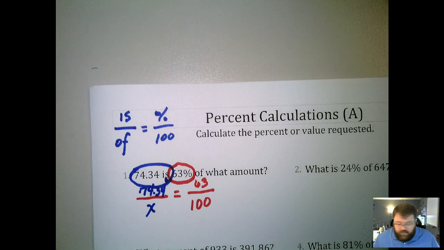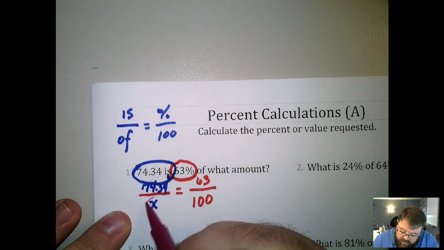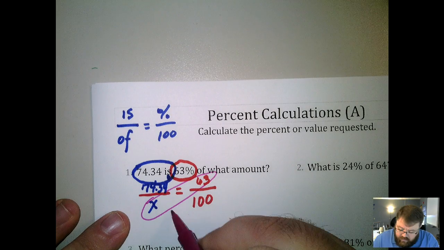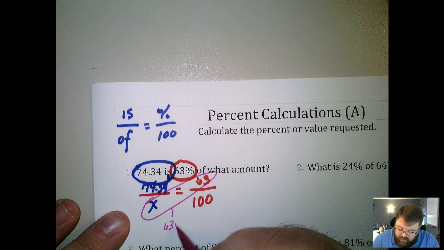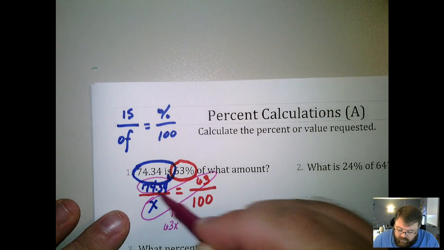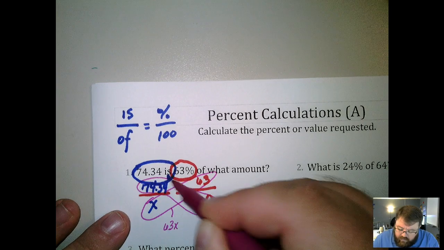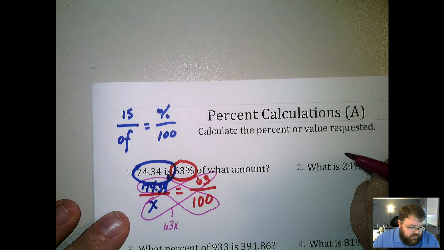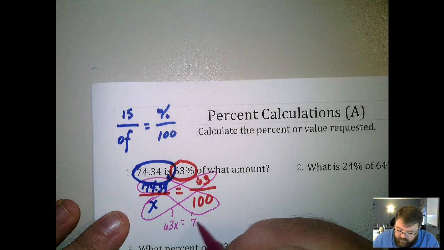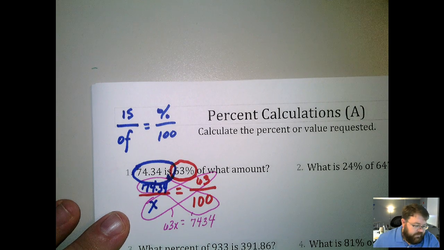Now, from here, you should know how to solve this. We are going to do x times 63 and get 63x. Then I would do 74 and 34 hundredths, and I'm going to get 7,434.